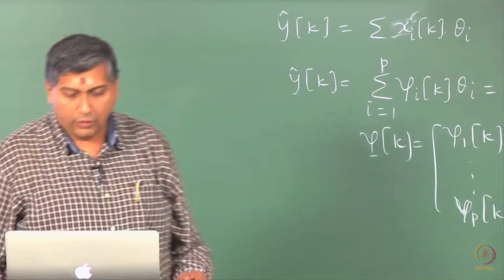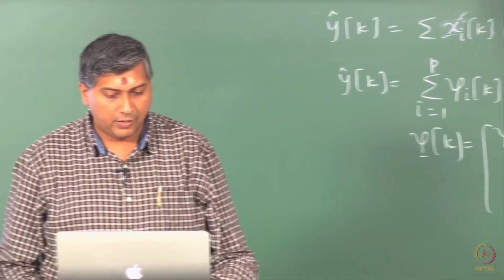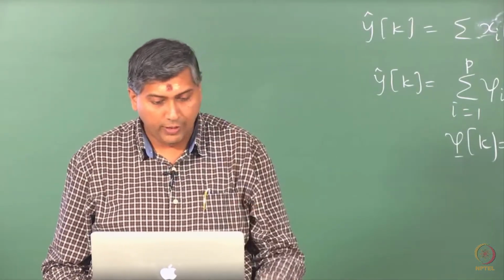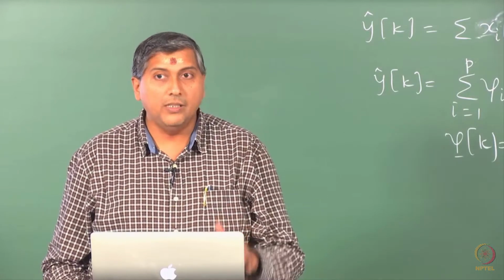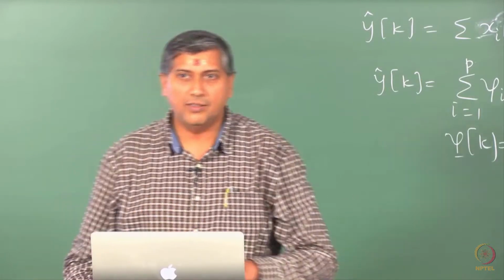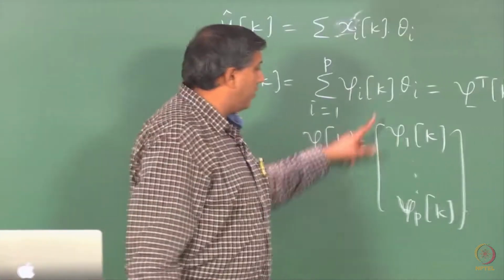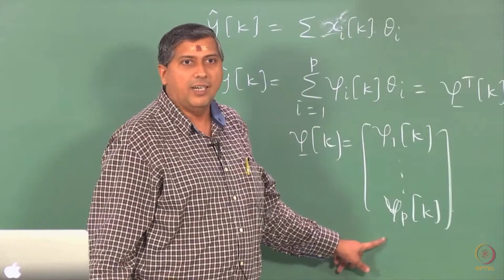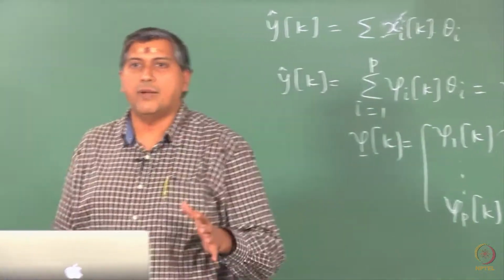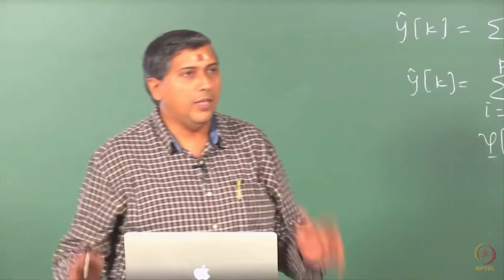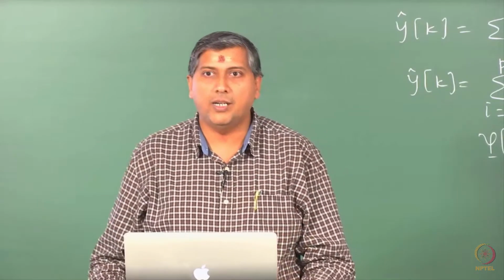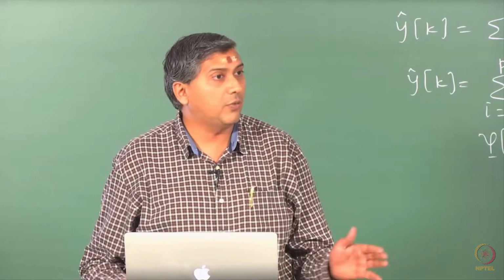And then we had also defined these matrices phi, the big phi, which is now stacked across observations. So, this small one is stacked across regressors, and the big one, now you take this vector and stack it across time. Then you get a matrix, and that matrix is phi, and it is of size n by p.